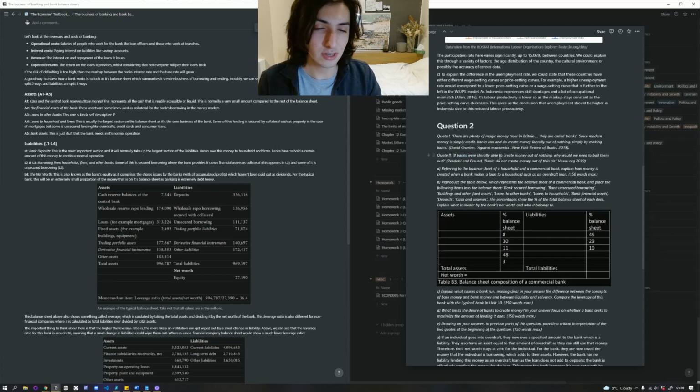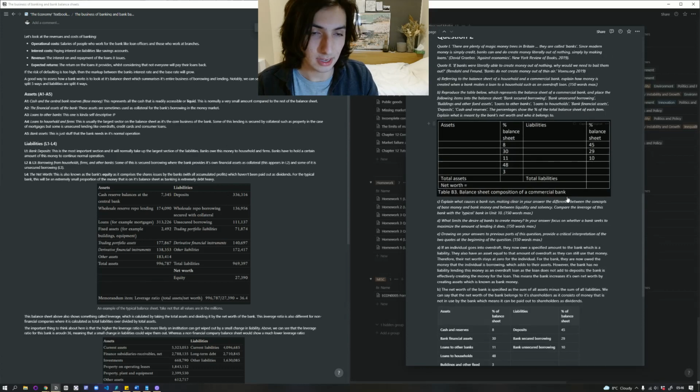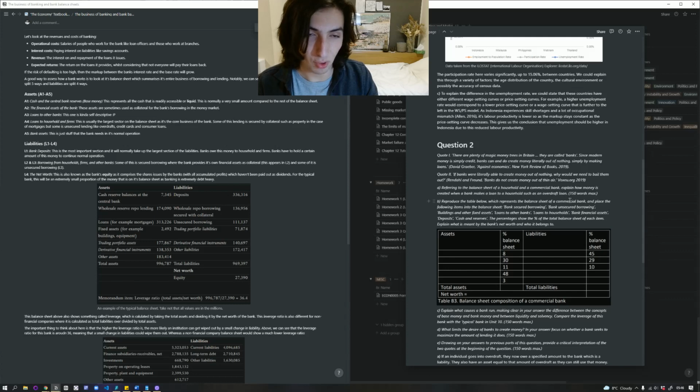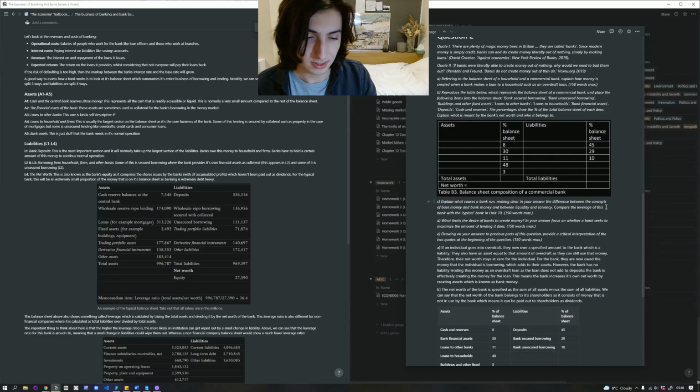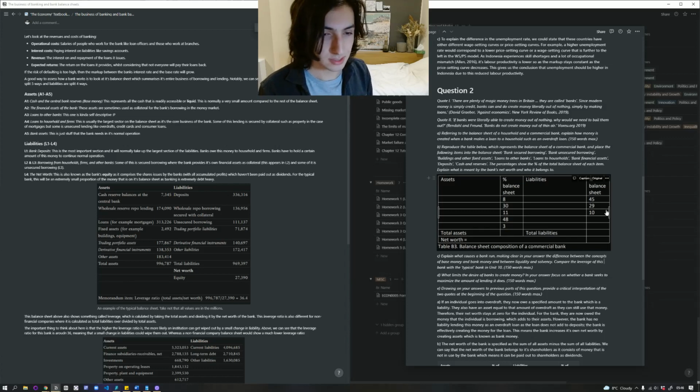We also have the second quote here. If banks were literally able to create money out of nothing, why do we need to bail them out? My idea of why you bail banks out is that they can't create the money for themselves at this point. They can create money in normal circumstances, but not during something like a financial crisis, because they're not able to generate a loan in that market since nobody's going to take that loan.